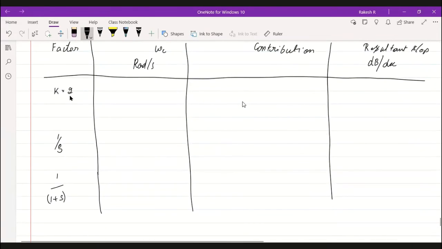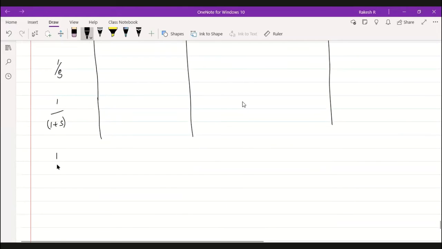Right? First factor is k equals 2. Second factor is a simple pole or zero at origin. Third factor is a simple pole, or it might be a quadratic pole, which has the lowest corner frequency. That you need to choose.